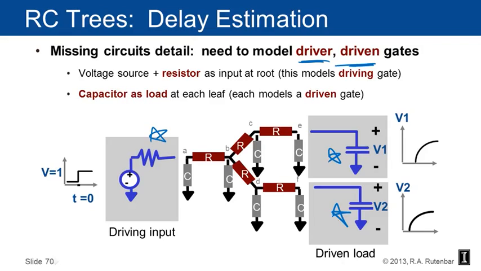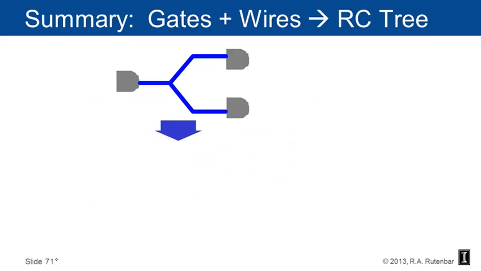So you build the RC tree for the wire, you need one more resistor to model the source gate, you need a capacitor for each of the target driven gates, and then you can actually do the analysis on this thing.